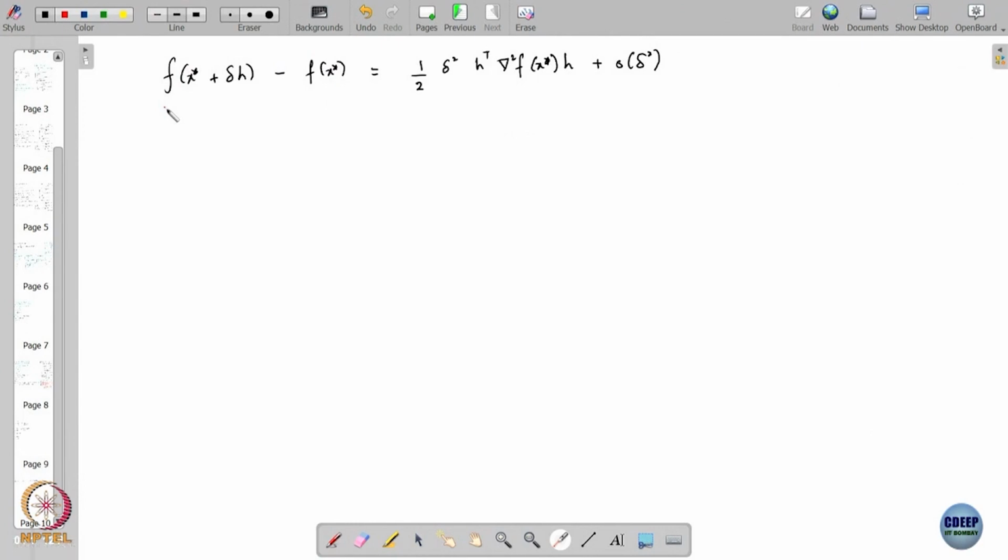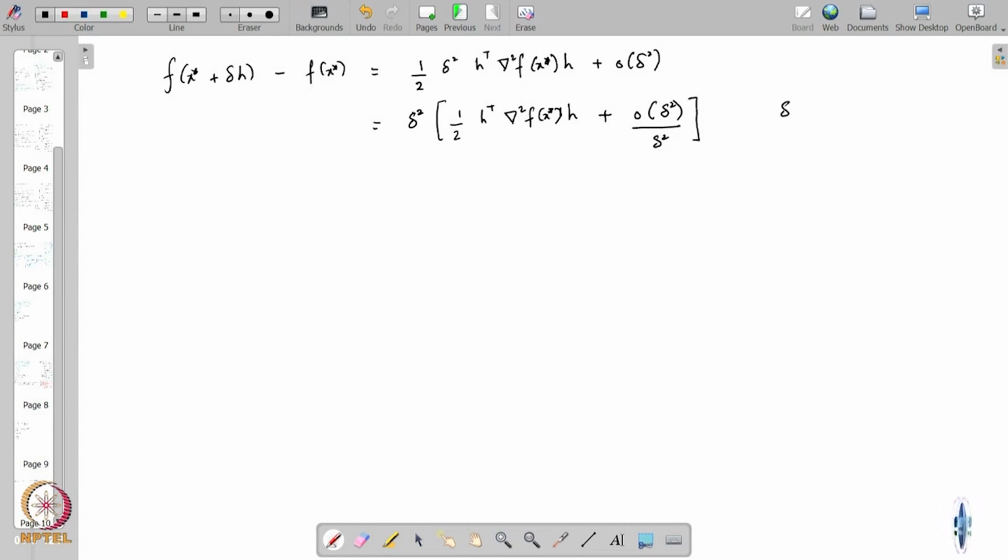The way to see that is to simply take delta square common here. You are left with half h transpose the Hessian h, plus this quantity, which is small o of delta square divided by delta square.